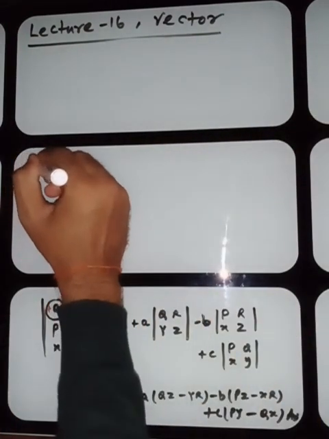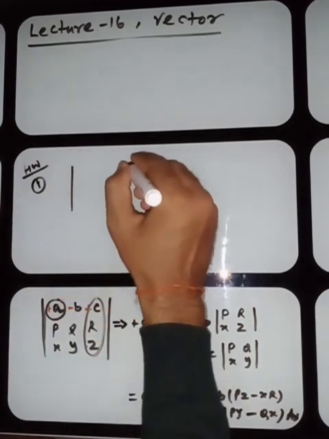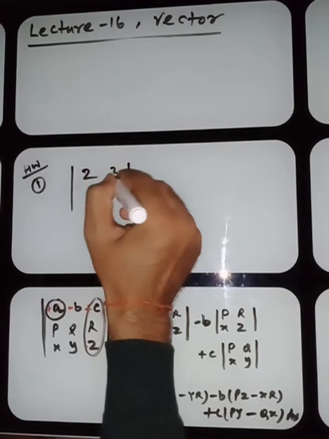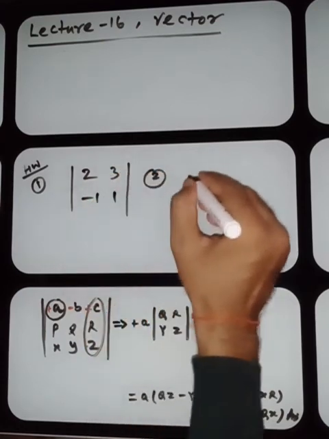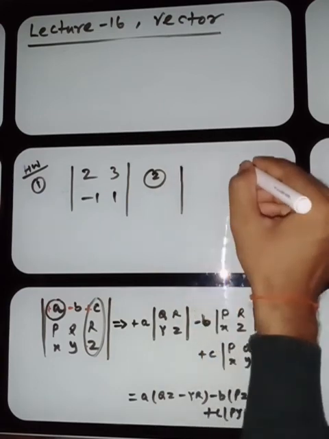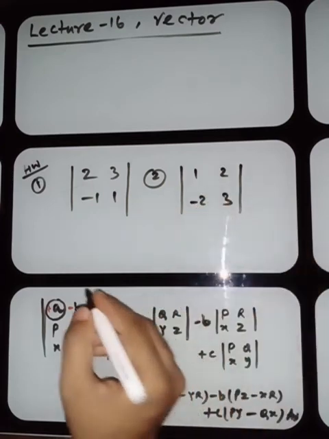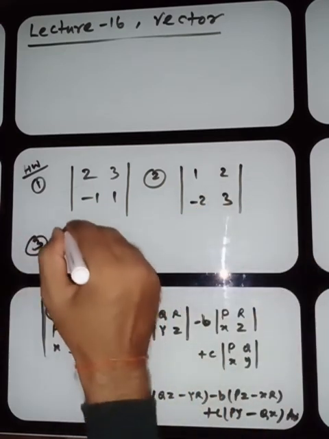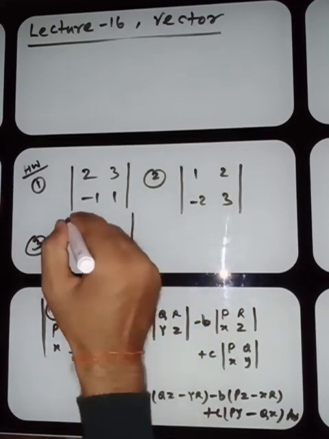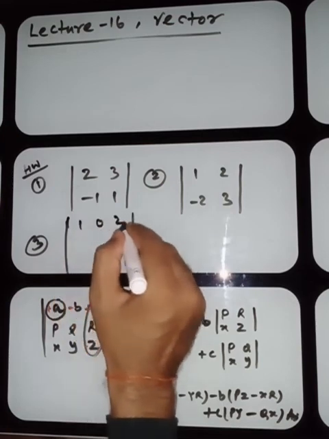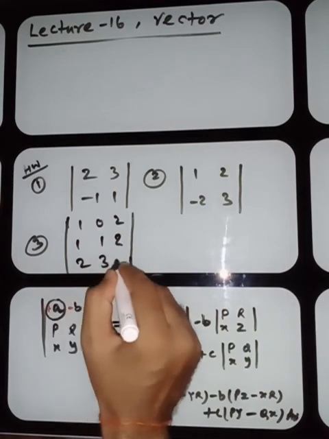Your homework. The first homework, my dear students: solve this determinant. 2, 3, minus 1 and 1. The second one: 1, 2, minus 2, 3. Third one: 1, 0, 2, 1, 1, 2, 2, 3, 2.